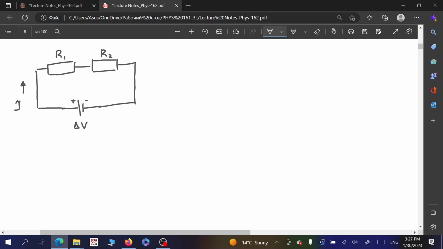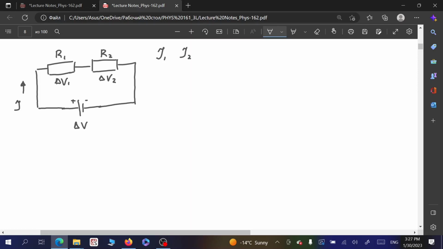So there will be some voltage drop over each of these resistors, depending on its magnitude. So this will be delta V1 and this will be delta V2. What can we tell about currents I1 and I2, which are flowing through resistors R1 and R2?